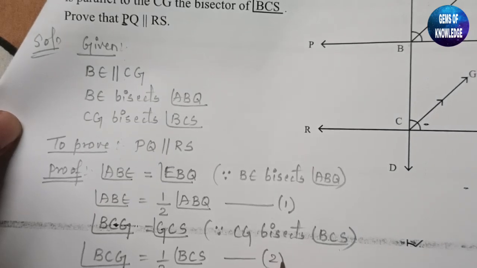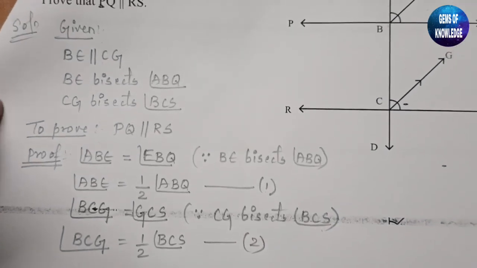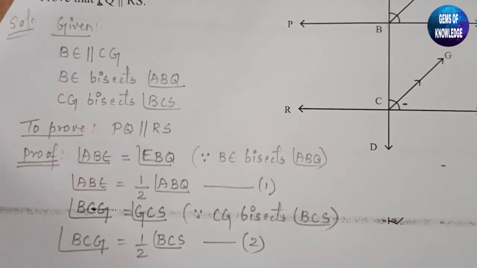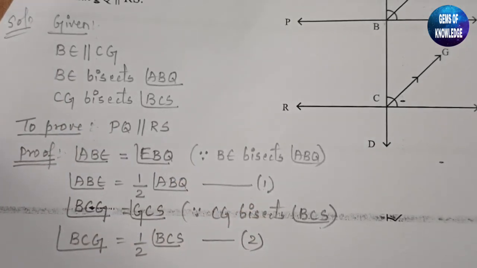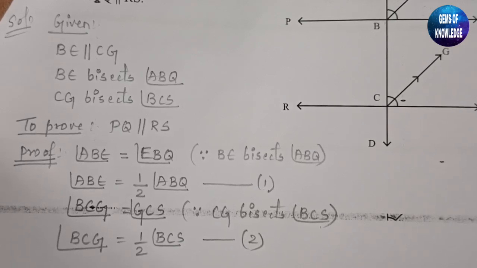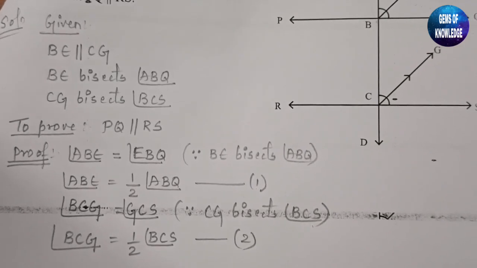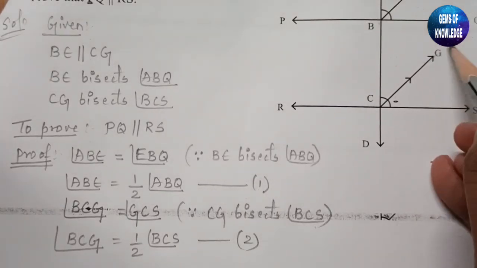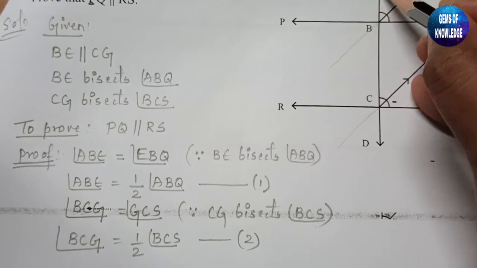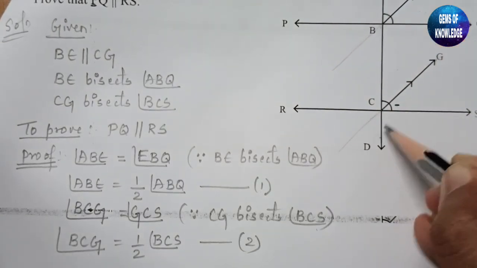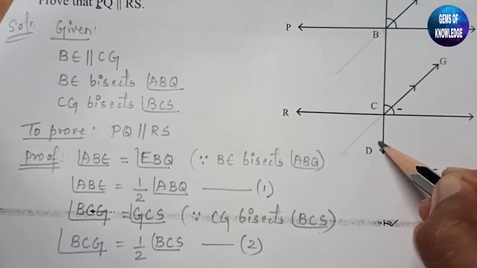We will consider this as equation 2. Now one more thing they have told us: if we consider these two lines, these lines are parallel lines, and this is the line which is a transversal.